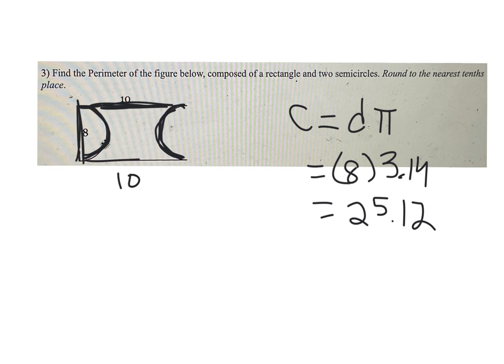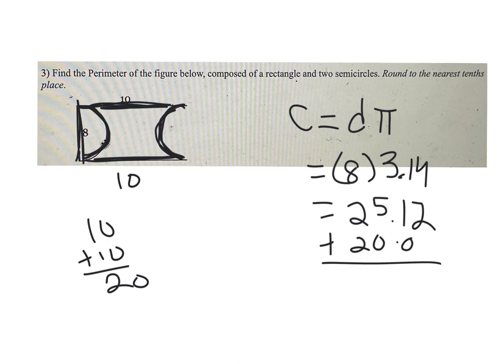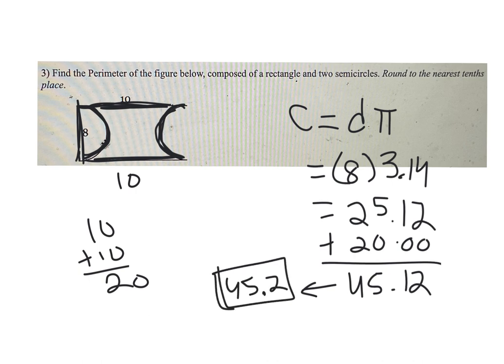On the bottom, it's identical, so that's 10. 10 plus 10 gives you 20. And the total perimeter is just 20.00 plus 25.12, and that's going to give you 45.12. We only want to the nearest tenth, so that's going to be 45.2 for our final perimeter value of this irregular shape.